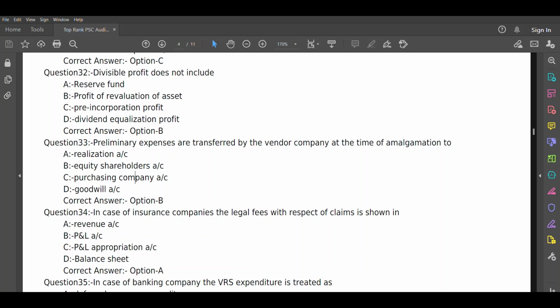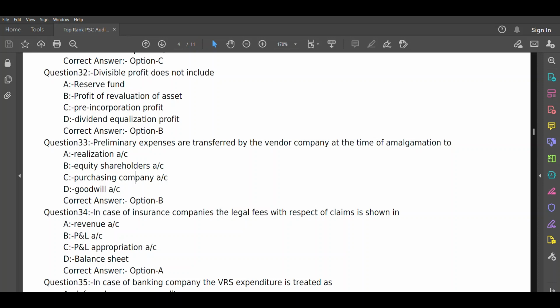Divisible profit does not include profit on revaluation of assets. Preliminary expenses are transferred by the vendor company at the time of amalgamation to equity shareholders account.